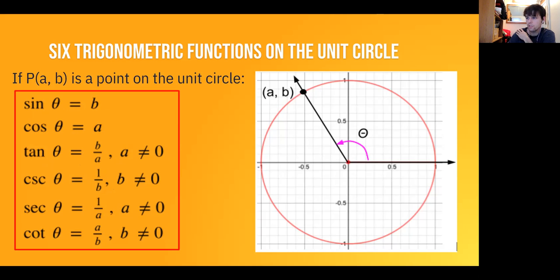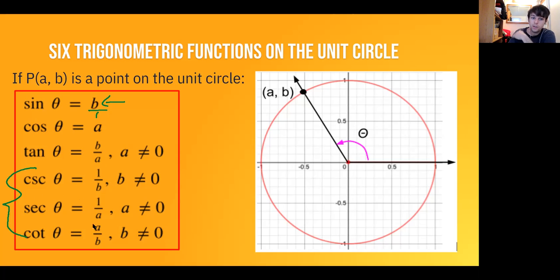Now we have these other trig functions. You probably aren't familiar with these yet. We have cosecant, secant, and cotangent. They're based on the same ideas and same concept as our 3 originals. Cosecant is 1 over B, so 1 over the y coordinate, which is the reciprocal of sine, right? B is the same thing as B over 1, so it's a reciprocal of sine.